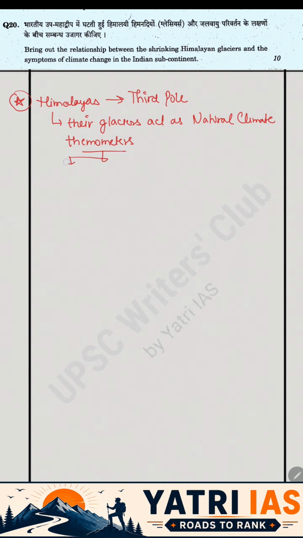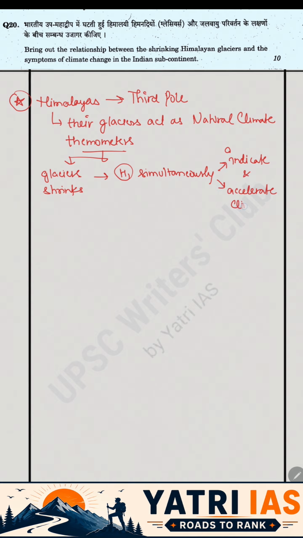How? When glaciers melt or shrink, Himalayas simultaneously indicate and accelerate climate change across the Indian subcontinent.